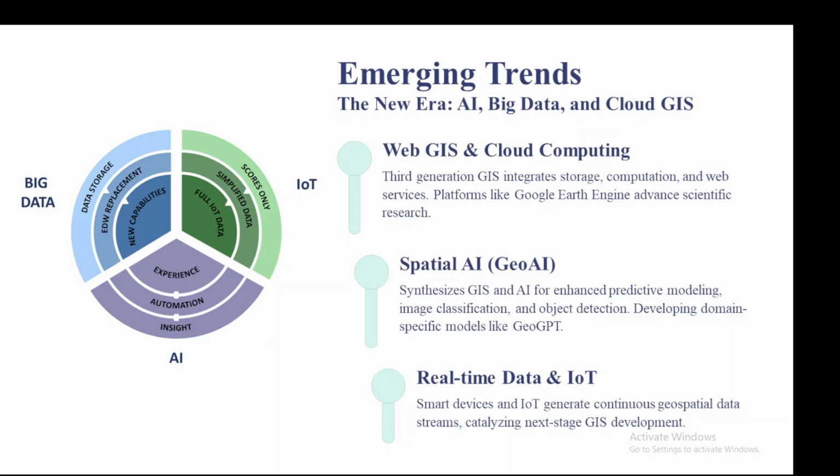Let's look ahead. GIS is standing at a crossroad. It's no longer just a tool that we are using to map or analyze, but it is also evolving into a powerful intelligent ecosystem that is shaped by artificial intelligence, cloud computing, and also big data.